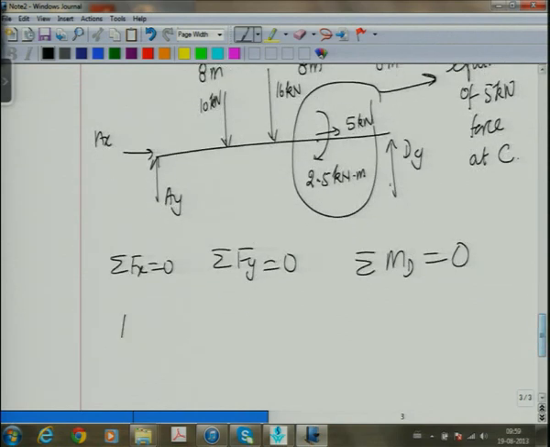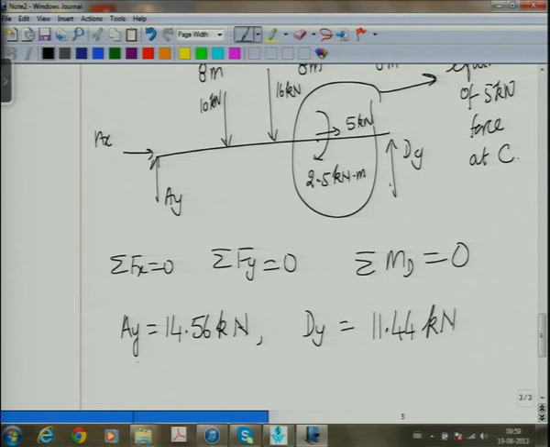When we do this, what we will get is Ay comes out to be 14.56 kilonewtons and Dy turns out to be 11.44 kilonewtons. Ax turns out to be equal to -5. Actually, Ax doesn't matter to us in the shear force and bending moment, so we don't even need to write this. Okay, so these you will work out by taking moments and forces.